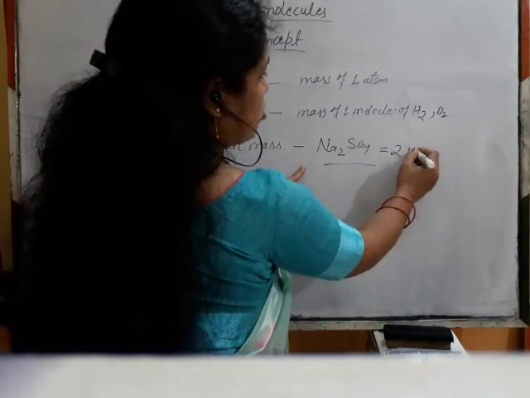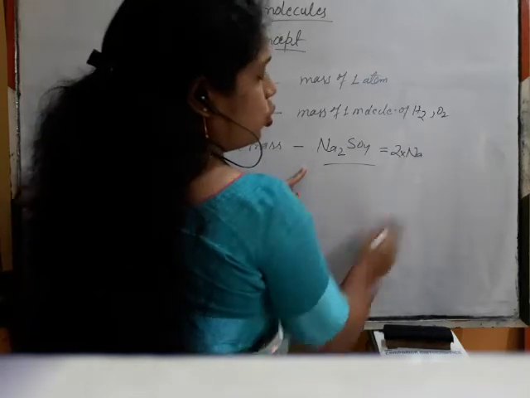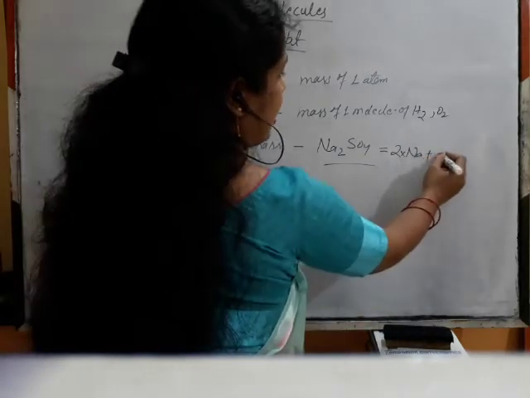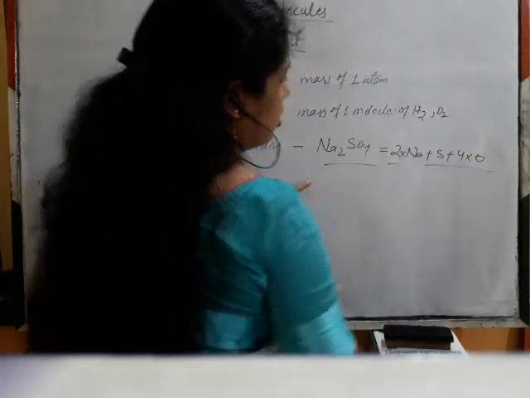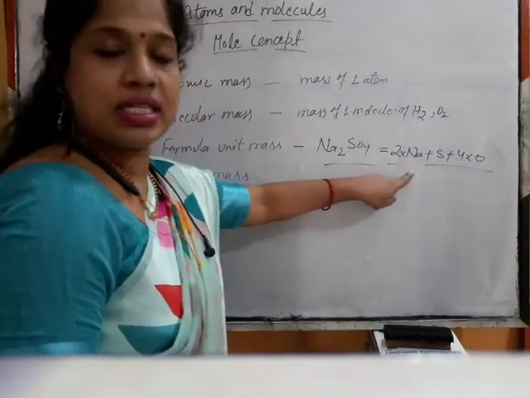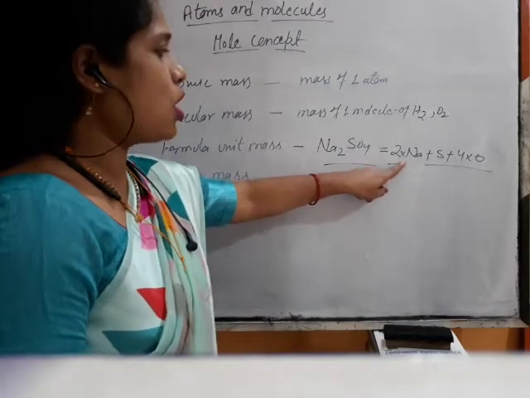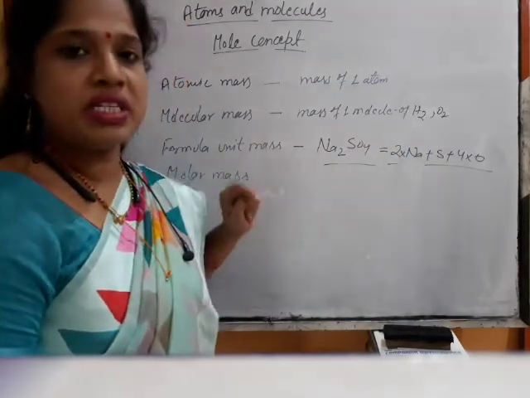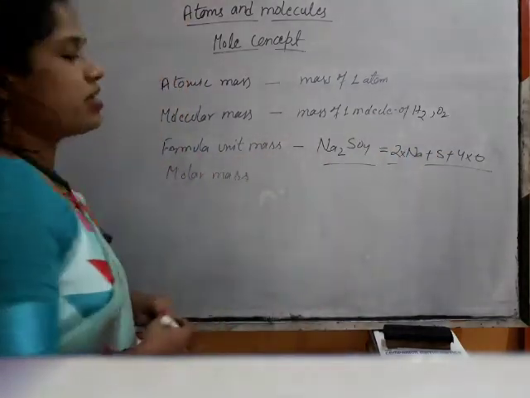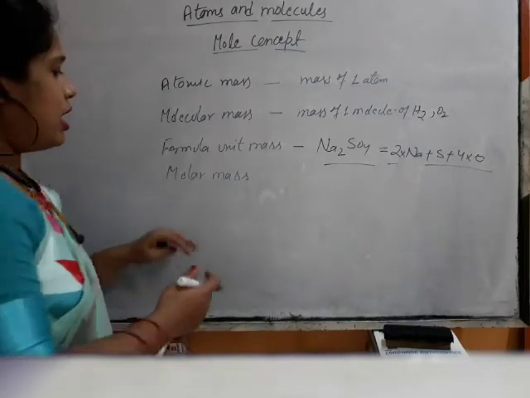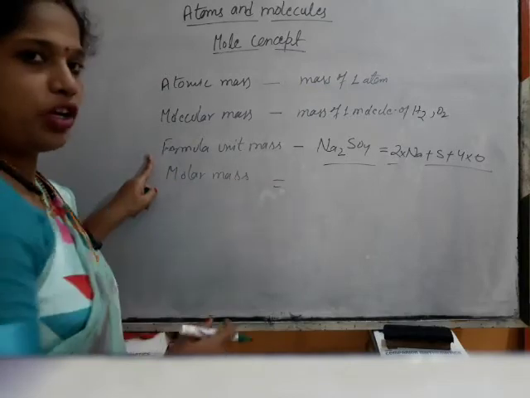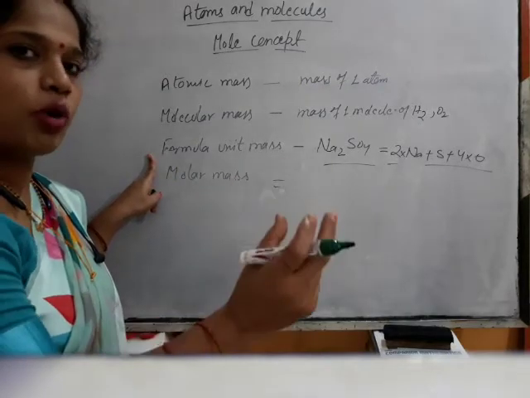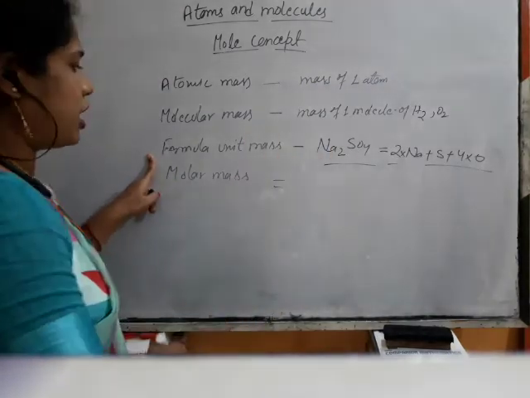Like 2 atoms of sodium, plus sulfur, and 4 atoms of oxygen. If we add all these atomic masses of all the atoms present in the compound, it will give us the formula unit mass. Did you understand the formula unit mass? The mass of one formula unit of a compound. That is the formula unit mass.